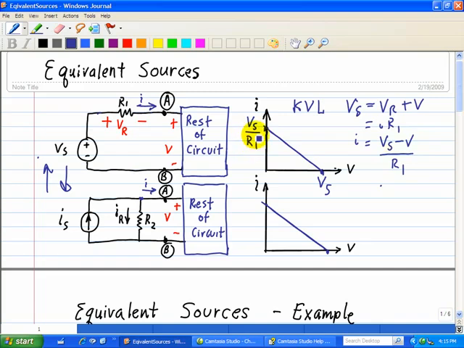Now we're going to look at the current source and analyze that, and we're going to use KCL.